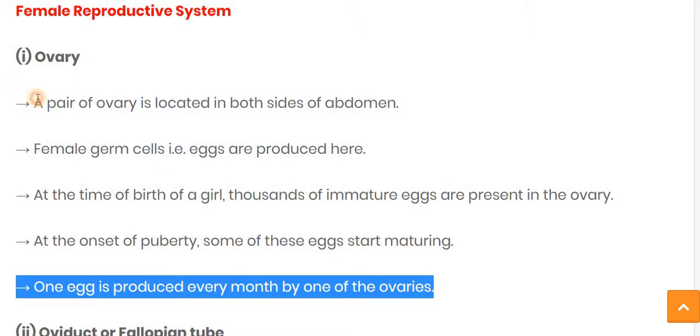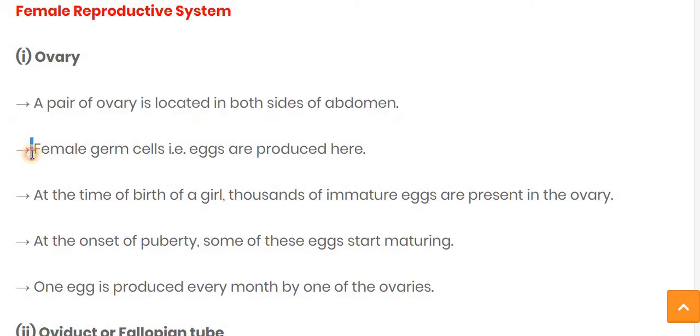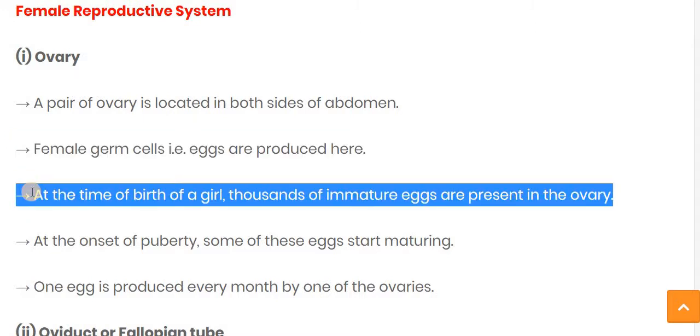Let's revise. A pair of ovaries is located on both sides of the abdomen. The female germ cell is called the egg, or ova, and it is produced in the ovary. At the time of birth of a girl, thousands of immature eggs are already present in the ovary.